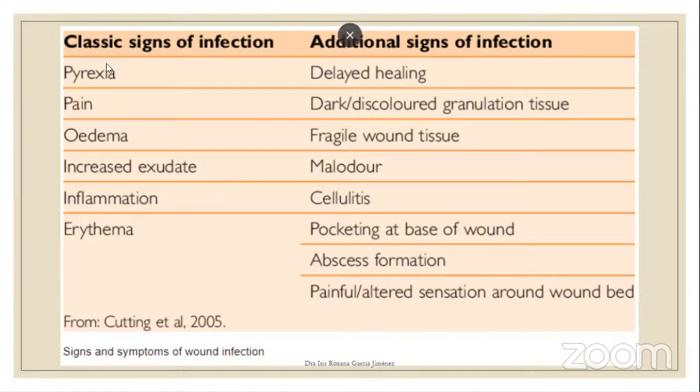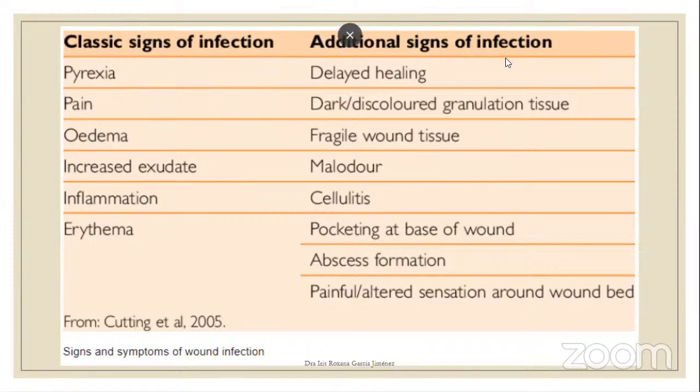So let's see. We have the classic signs of infection: pyrexia, pain, edema, increased exudate, inflammation, and erythema. You can see edema here is written with an O at the beginning. It's British English. In American English, it's the same as in Spanish, just with an E, edema, okay?